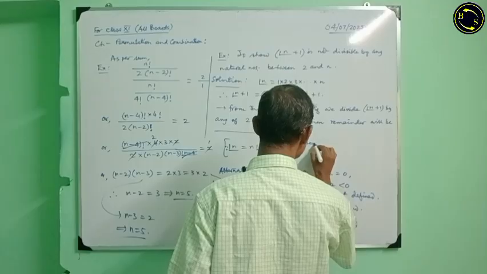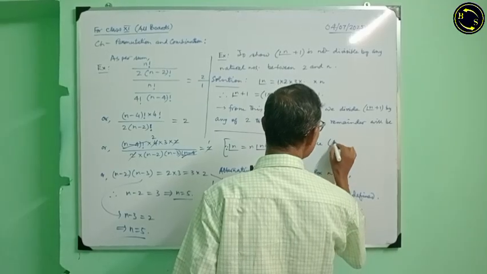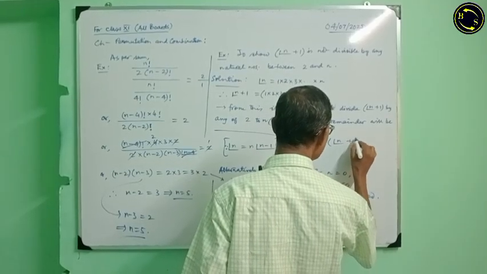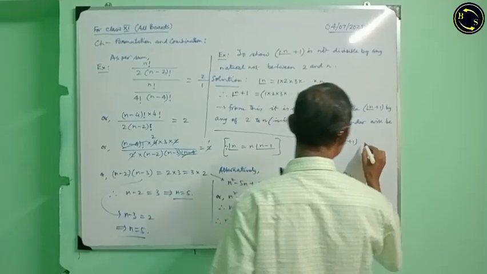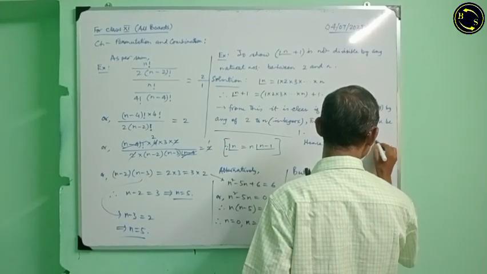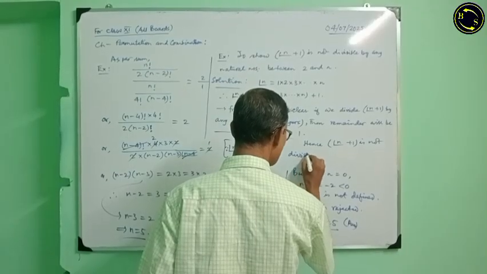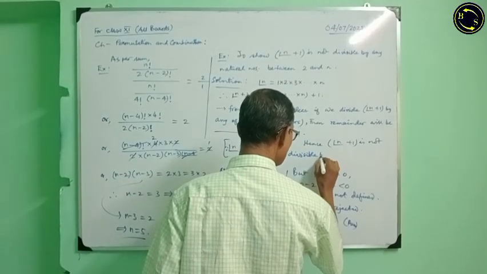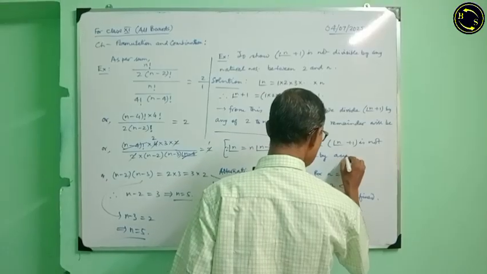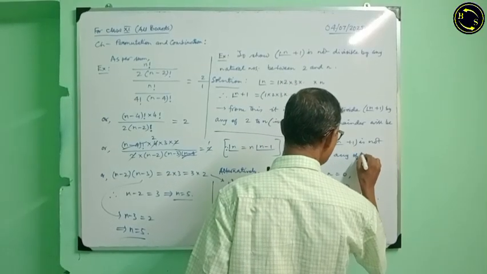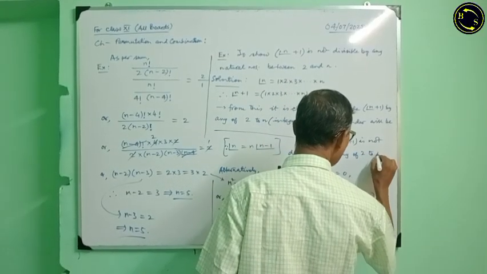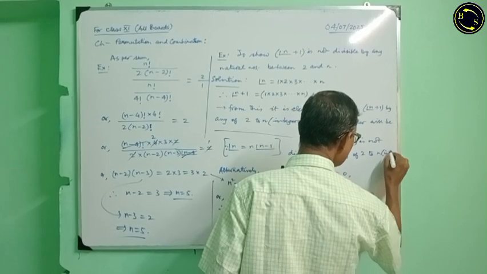Hence, factorial n plus 1 is not divisible by any of 2 to n integers.